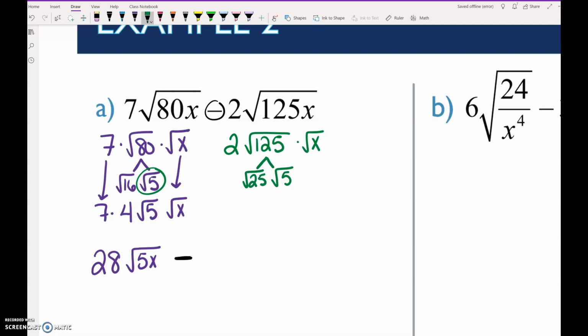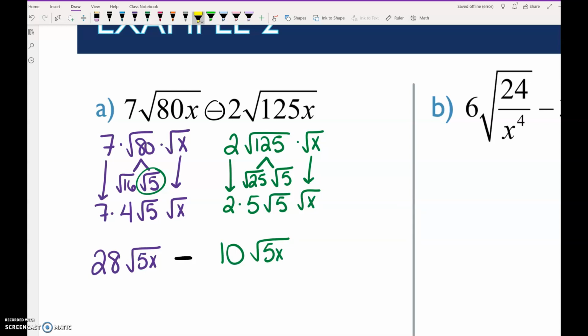It's 25 times 5, and 25 is a perfect square. Don't forget about the 2 that we didn't touch, and don't forget about the square root of x. This one becomes 10 times the square root of 5x.